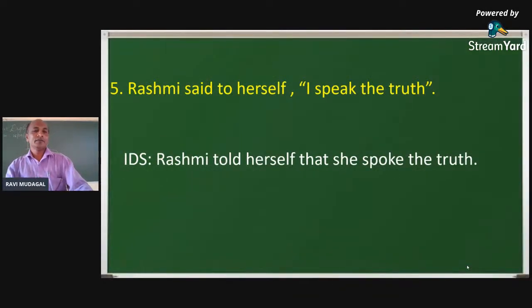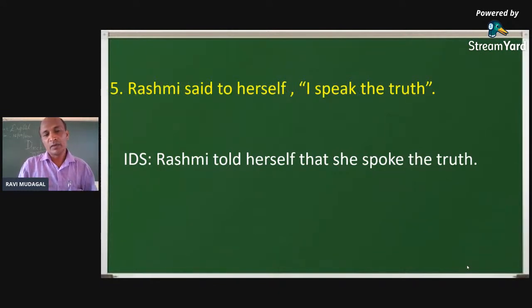Right. In examples 1 to 4, we have taken a look at how to change from direct speech to indirect speech. Through these examples, you understand how to change from direct speech to indirect speech.